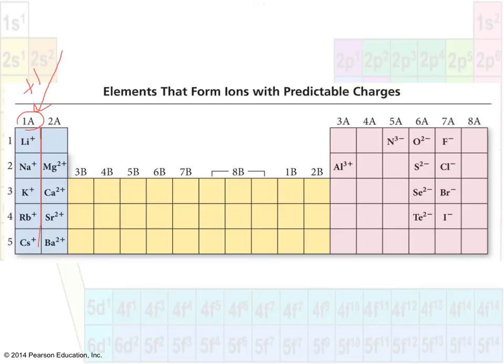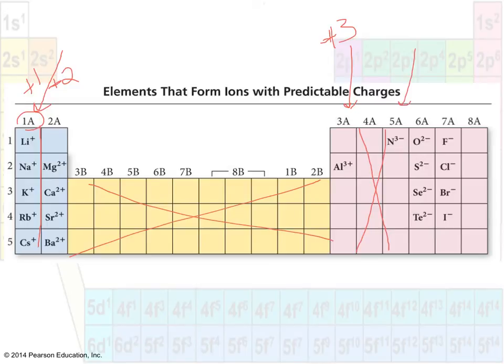Group 2A lose their 2 valence electrons and assume a charge of +2. Transition metals, all bets are off. They have variable charge. The group 3A elements tend to have ionic charges of +3. Group 4A, the carbon group, tends not to make ions because it would be +4 or -4. They tend to make covalent bonds.